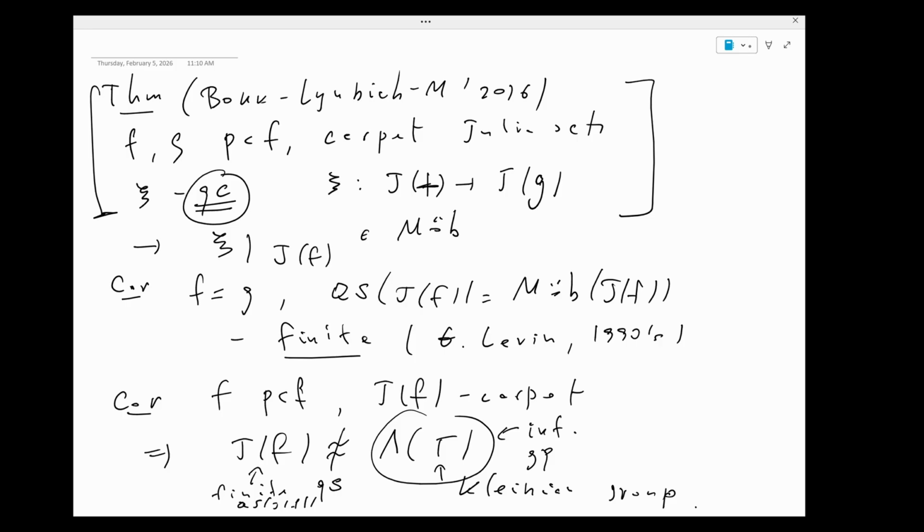I am not sure if I understand this theorem correctly. You have a QC map from one Julia set to another, and you're saying that map restricted to the Julia set of F is a Möbius transformation. Do we know anything more about the entire map? Is it itself a Möbius transformation, or can it be of polynomial type? Are there any other properties of the quasi-conformal map?